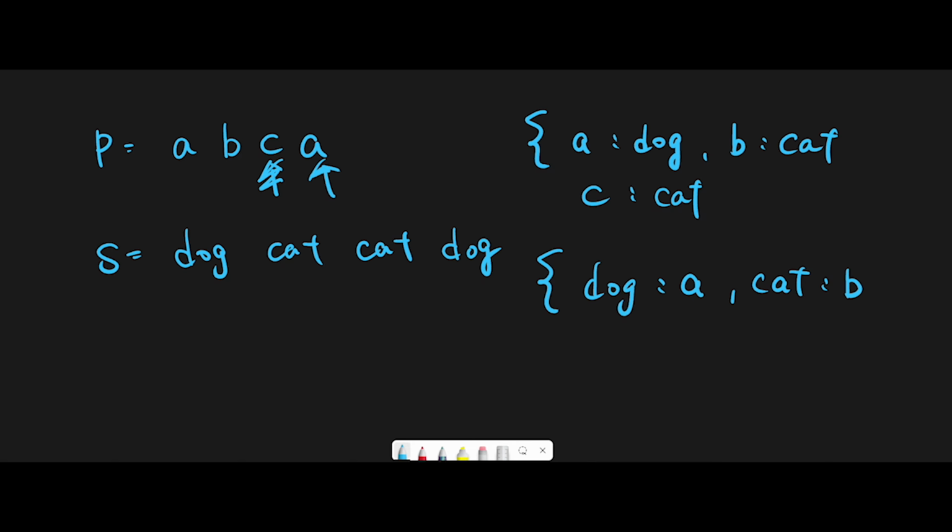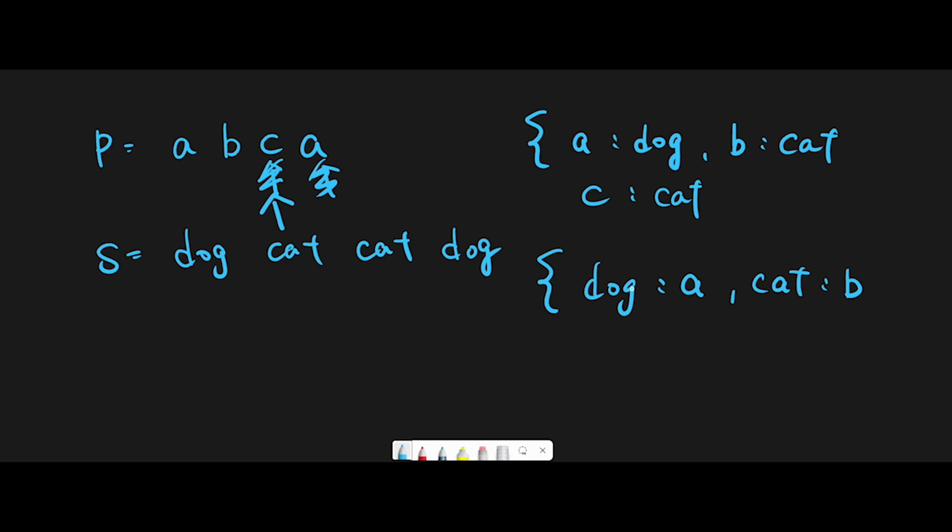So in that case, when we reach C, we can add C and cat to the first HashMap. Looks good. But when we check the second HashMap, cat is linked to B actually. So that's why we will find out C cannot link to cat, right? So that's why we can return false properly.